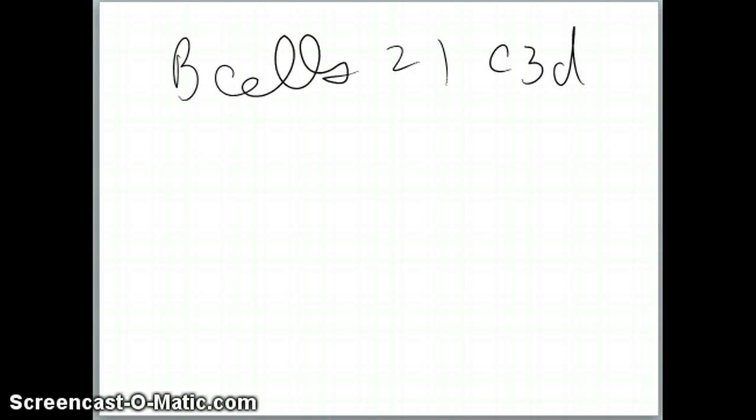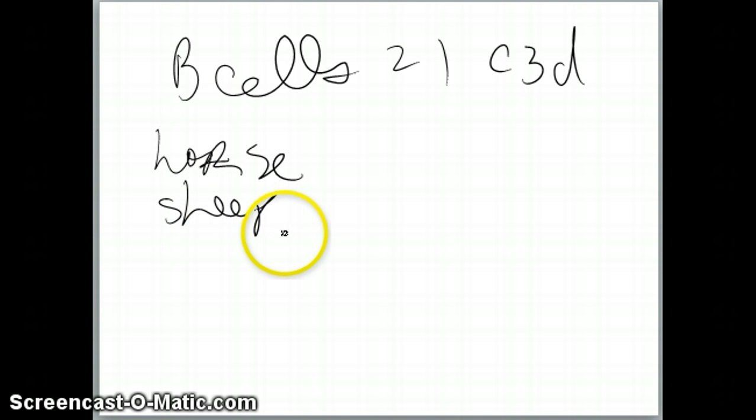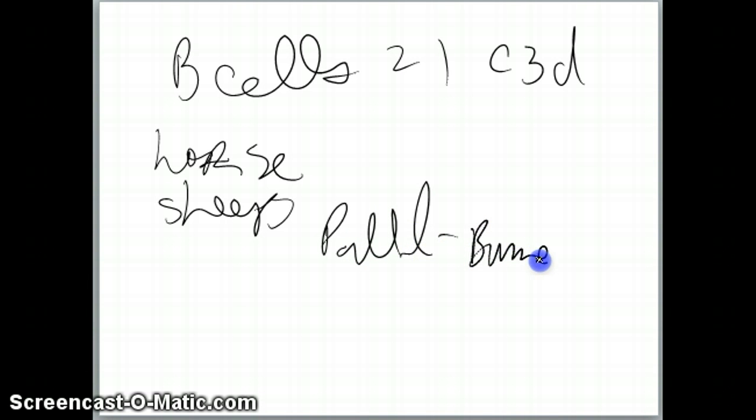You test for heterophil antibody agglutinating stuff, so that's going to test with horse or with sheep blood. If you have horse blood versus sheep red blood cells, okay, the sheep red blood cells are going to agglutinate in the presence of heterophile antibodies, and that's also known as the Paul-Bunnell test, okay, Paul-Bunnell test.